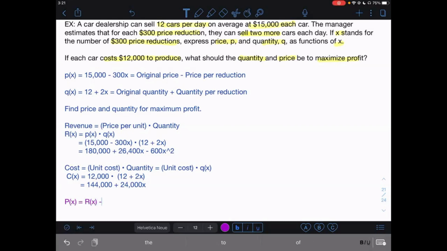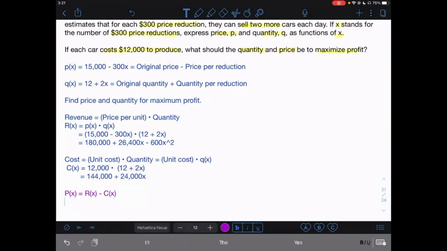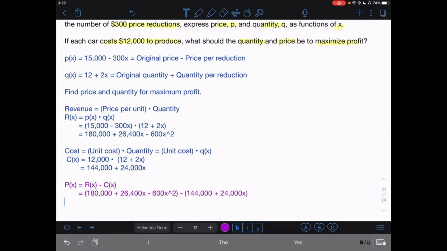As our revenue minus our cost function, P of X equals R of X minus C of X. So you're going to take our revenue, which was 180,000 plus 26,400X minus 600X squared, minus our cost function here, which is 144,000 plus 24,000X. To give us a profit function of, what would that be?